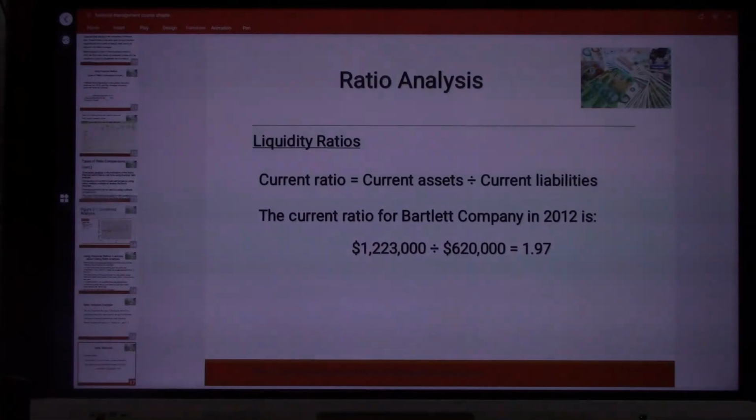But in this situation, we must ask ourselves whether this is good or bad. Actually, answering such a question based only on this ratio is impossible.